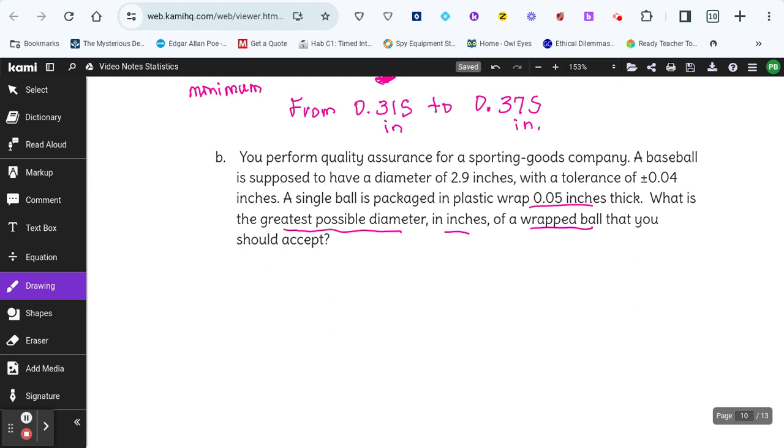Okay, so the tolerance is plus or minus 4/100 of an inch, but you're looking for the greatest possible diameter. So I'm going to take the original diameter, and since I'm looking for greatest, I'm going to add 0.0400. If I were looking for the lowest, I would subtract that from 2.9.